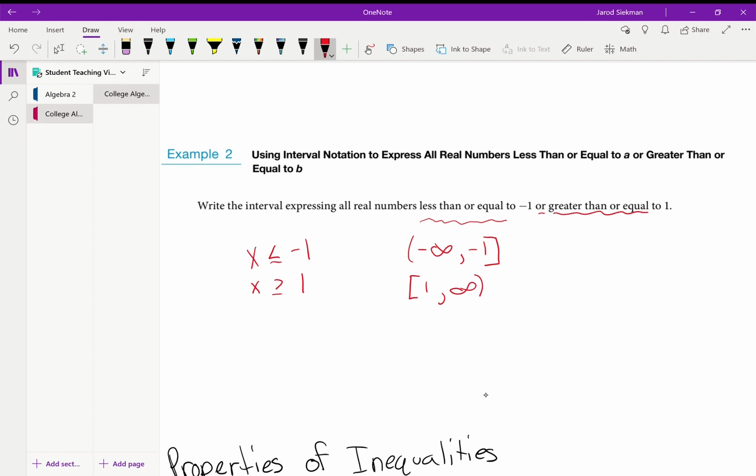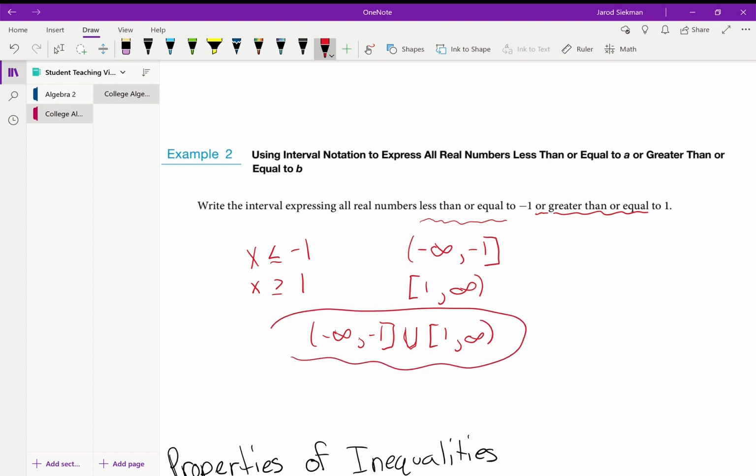And how we do that is we start with the negative infinity to -1 interval, and we want to put this sign. It looks like a large U that represents union, or an OR, because it's either less than or equal to -1 or greater than or equal to 1. And then we put the other interval. And this is the interval notation.